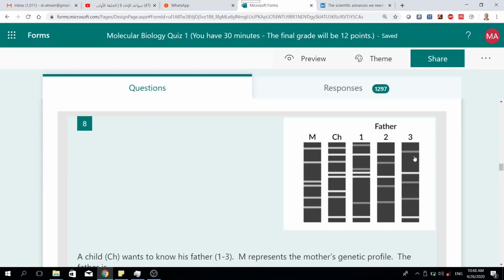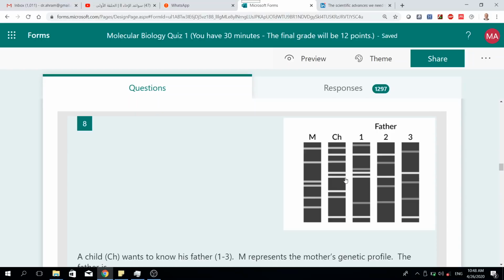It doesn't exist in individual 3, so X number 3. This person is out. Look at this fragment. It comes from the mother. Great. Look at this fragment. It comes from individual 1, but not 2. So X on number 2.